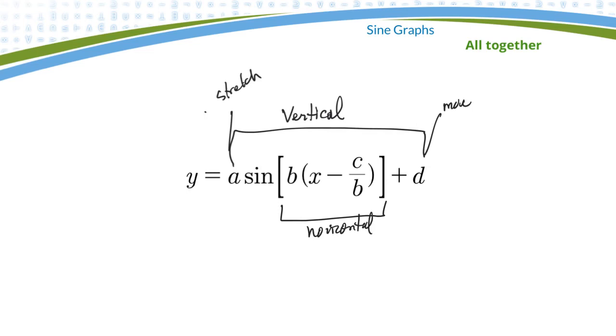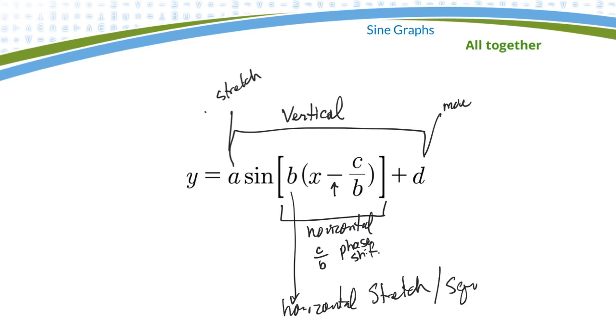And we saw that if I take C over B, that is a horizontal translation. We also called it a phase shift. And it's like all the other transformations. If this sign is minus, it moves to the right. If that sign is positive, it moves it to the left. And then we also looked at B, and that is our horizontal stretch or squish. And we also gave it a name in sine graphs anyway, as a period.